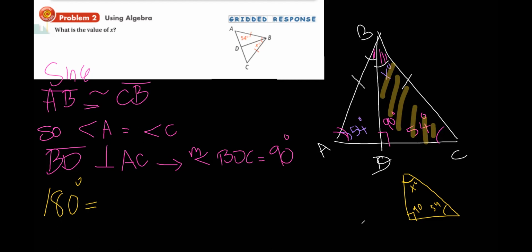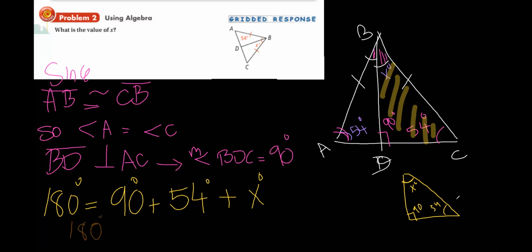So 180 equals 90 plus 54 plus x degrees. Before that, 90 plus 54 is what? 144.